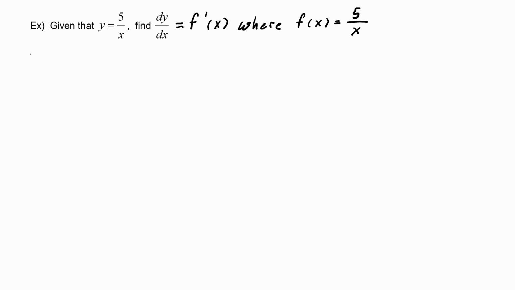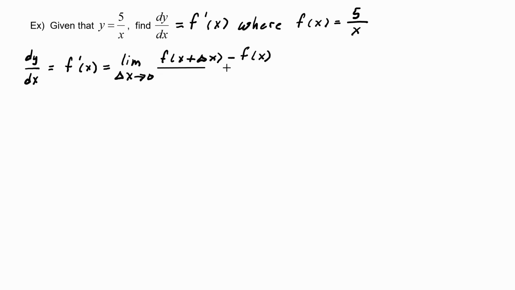So then dy dx is equal to f prime of x, which by definition is the limit as delta x goes to 0 of f of x plus delta x minus f of x over delta x.